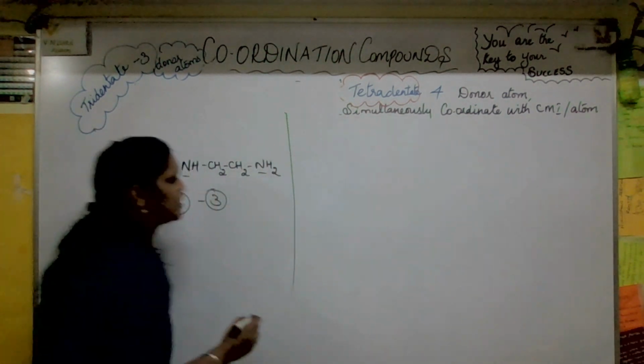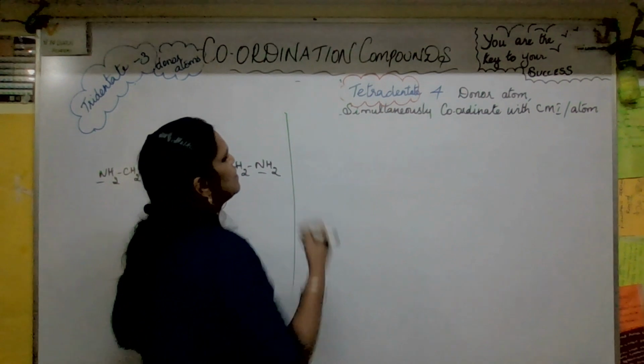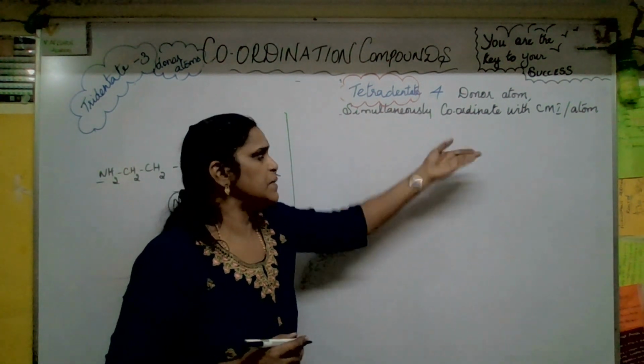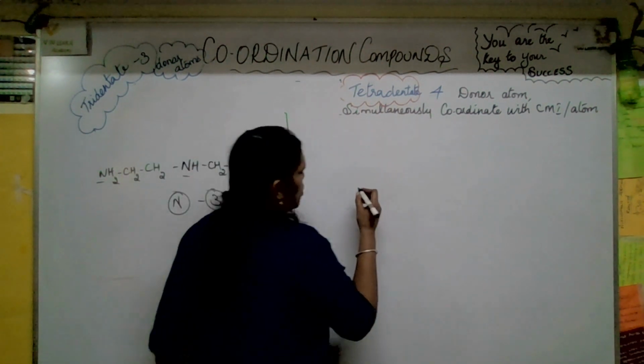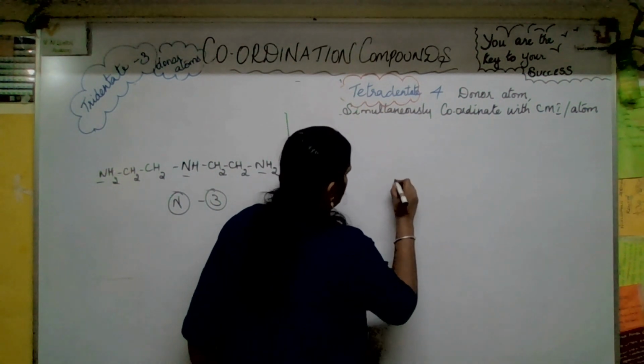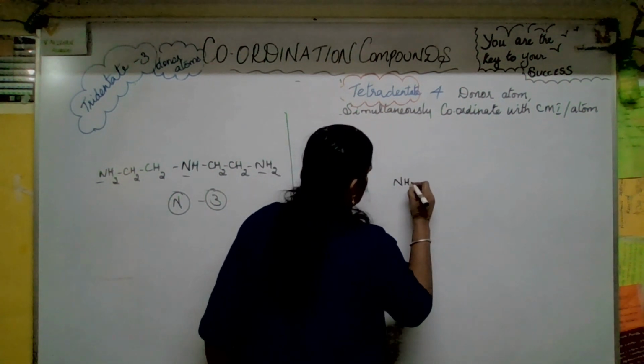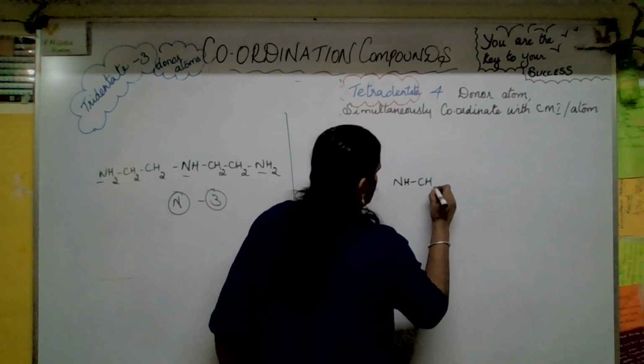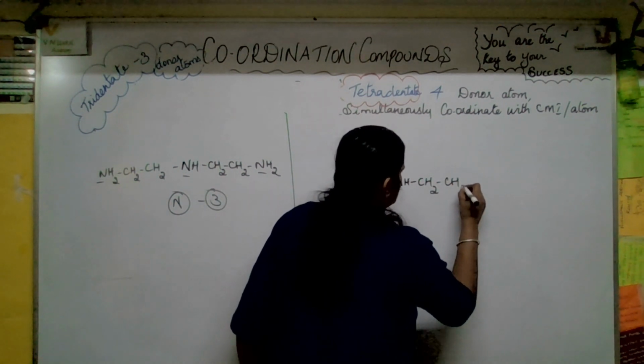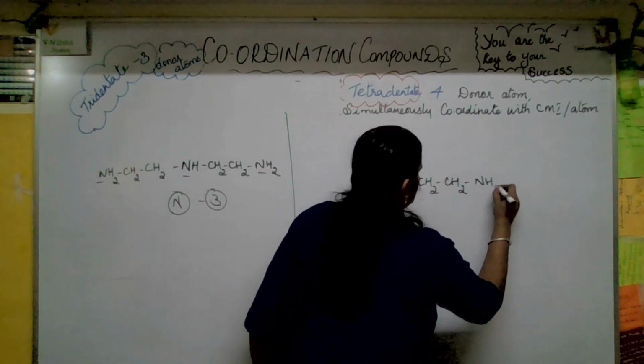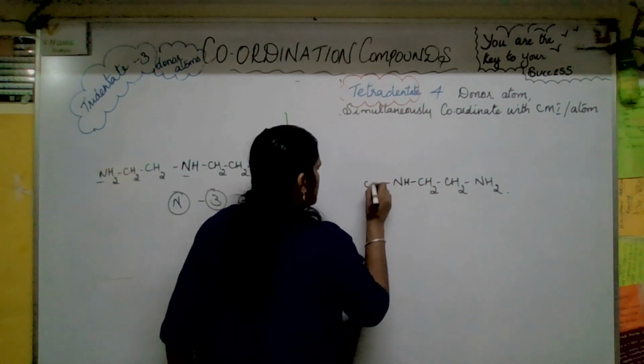The same way we can use this idea for tetradentate: four donor atoms simultaneously coordinate with the central metal ion or atom. Here I bring NH2 CH2 CH2 NH CH2 CH2 NH2.